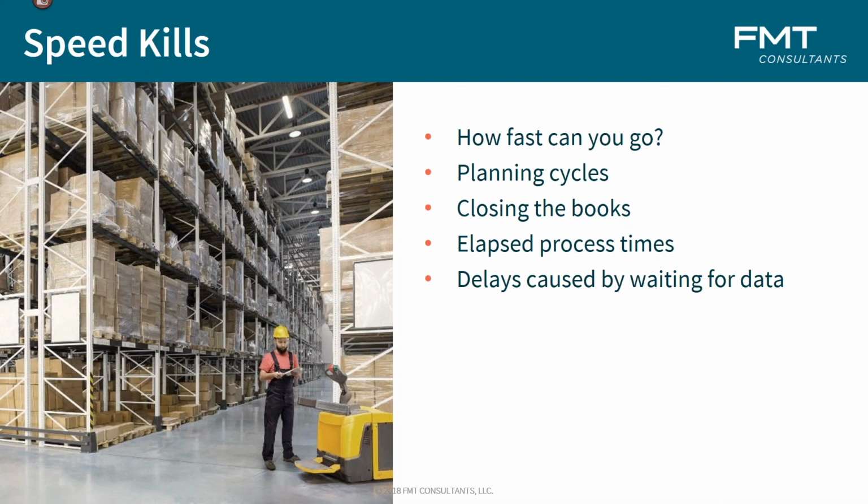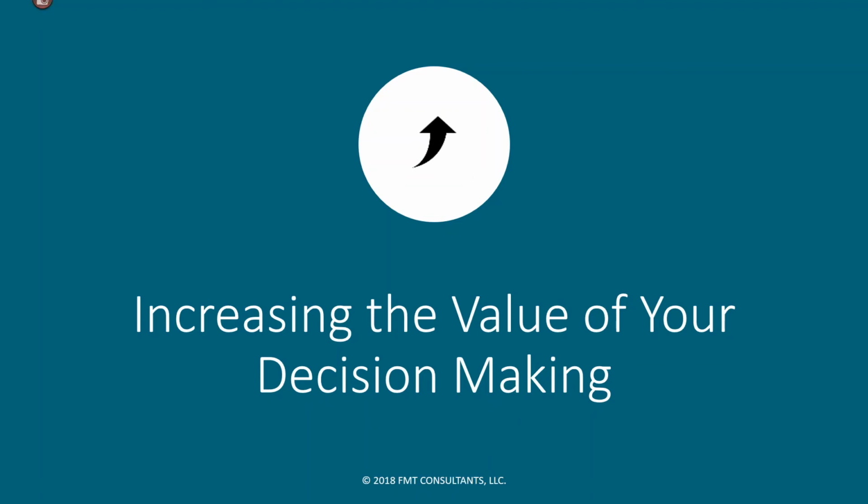And if you say, yes, that's true today, or there are delays caused by finding and validating that the data is accurate, or delays caused by people that aren't in place or aren't in a position to help drive a decision forward, all of those things can be addressed through the process of bringing quality technology on board for your company. And that increases the value of your own decision making.